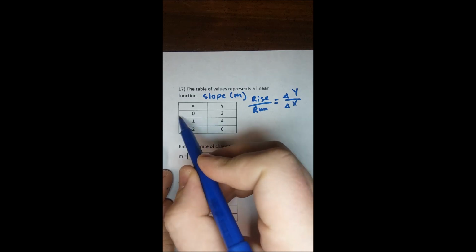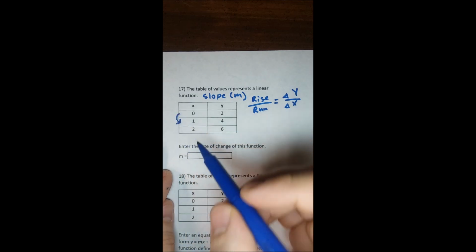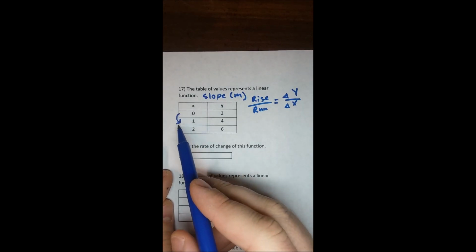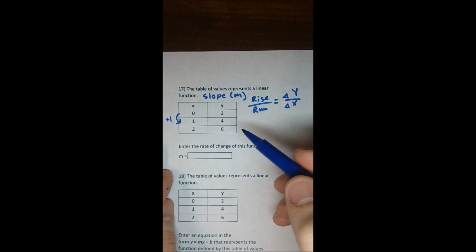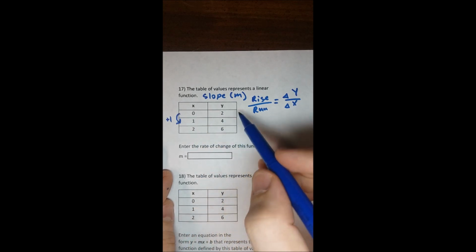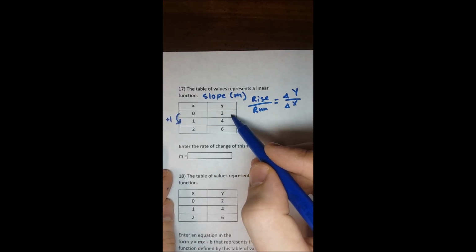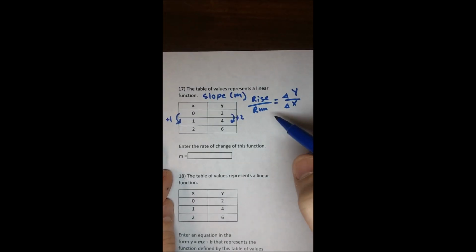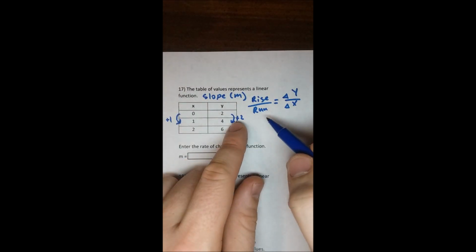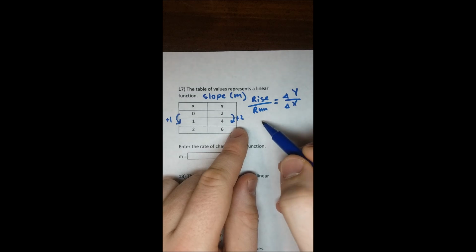From 0 to 1, you increase by 1, so it's +1 on the x side. On the y side, it's from 2 to 4. That means you jumped +2 units. So again, just divide y by x.